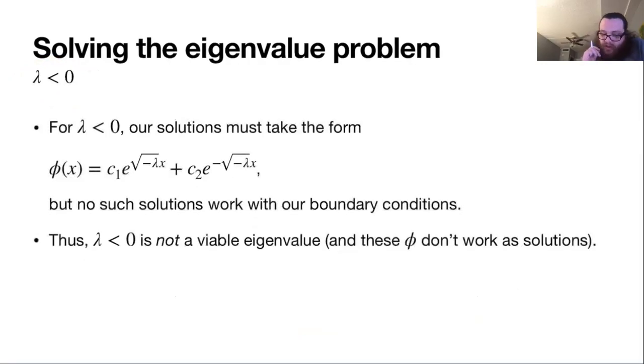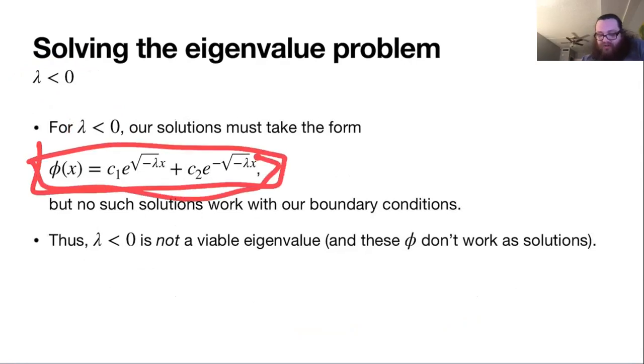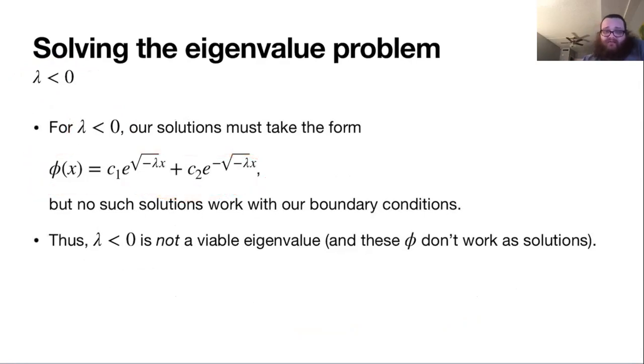Okay. So in summary, if this is going to happen, our solutions take this form, but we just saw that lambda has to be 0 for this to work, coming from our boundary conditions, contradicting that. So a solution like this won't work for our boundary conditions.